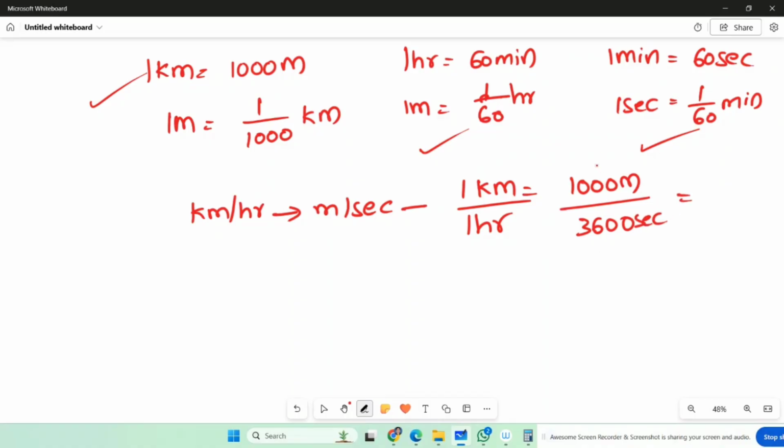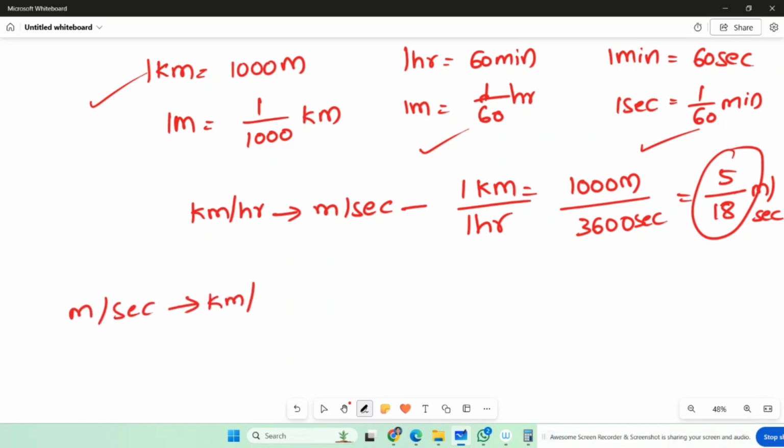So if we convert into lowest form, we will get 5 by 18 meter per second. So to convert speed from kilometer per hour to meter per second, multiply the given speed by 5 by 18. Okay, in the same way, we convert the speed from meter per second to kilometer per hour by multiplying the given speed by 18 by 5.